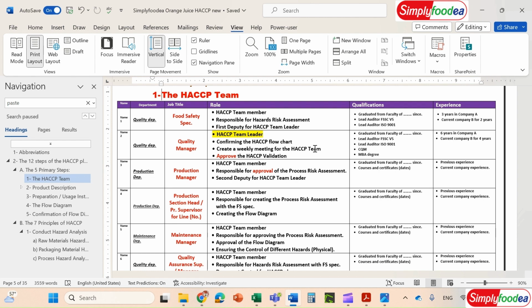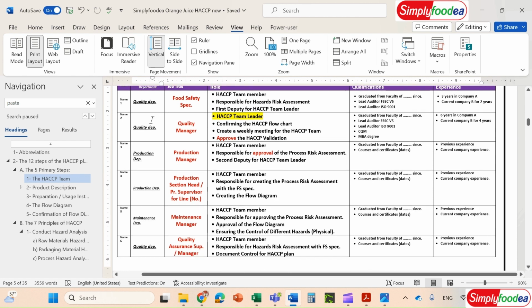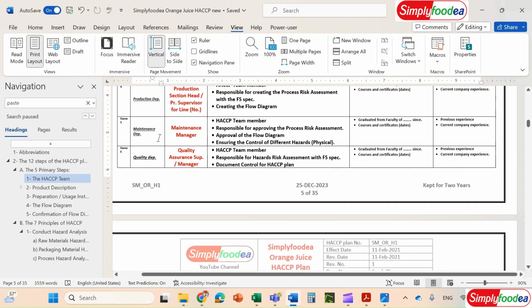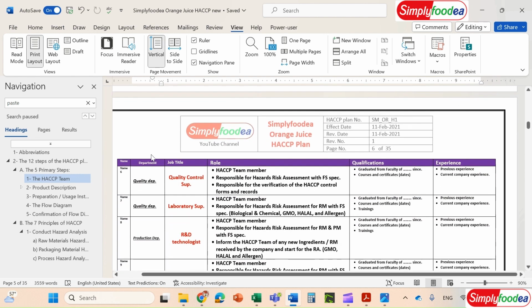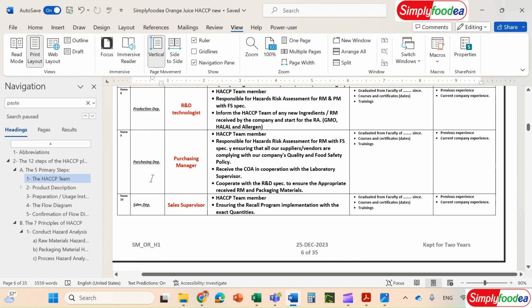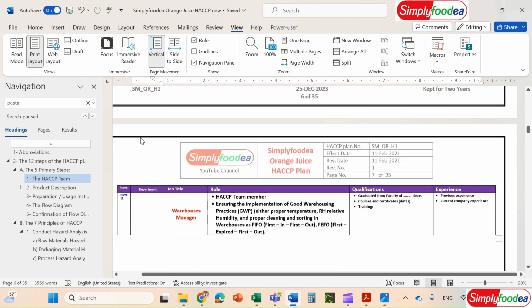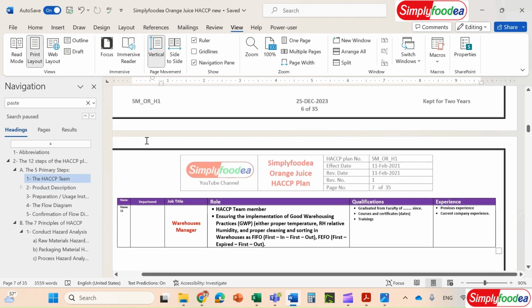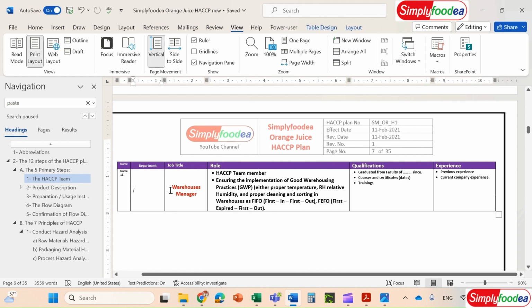It is the HACCP team. This HACCP team is made up of people from the quality department, the production department, the maintenance department, purchasing, the sales department, and the warehouses department, and later on, for example, the warehouse manager.